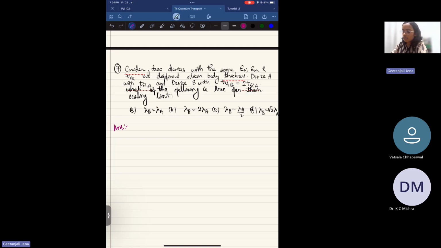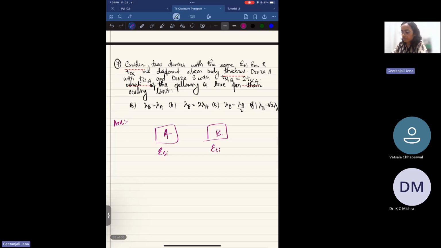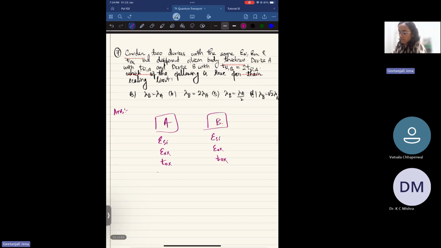There are two devices, one is A, one is B. They have the same permittivity, and the oxide thickness is also the same, but they have different thickness of silicon body. And it's given TSiB is equal to 2 times TSiA.